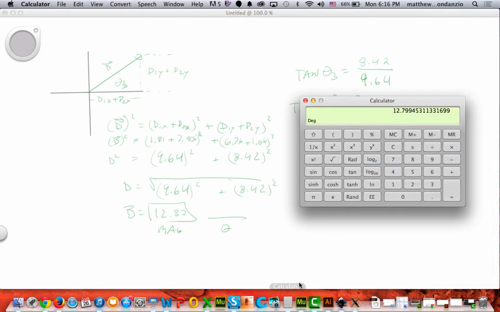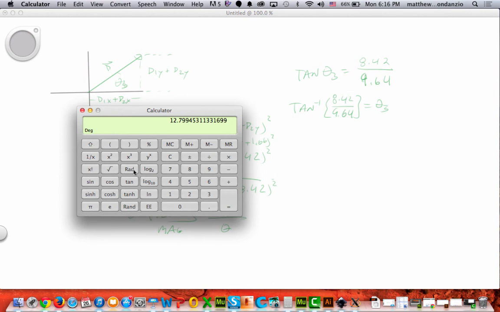So then we can come up to here, and we can say the inverse tangent of 8.42 divided by 9.64.